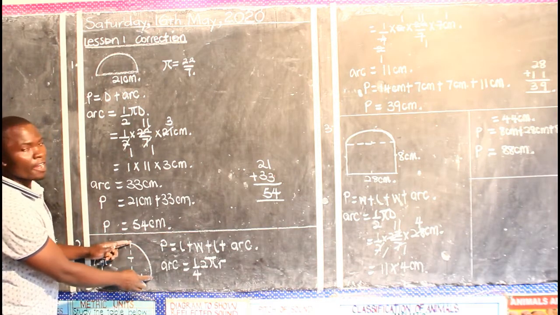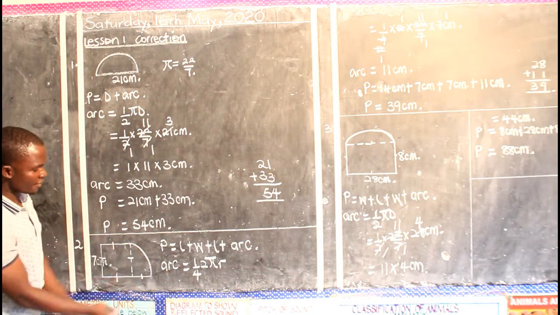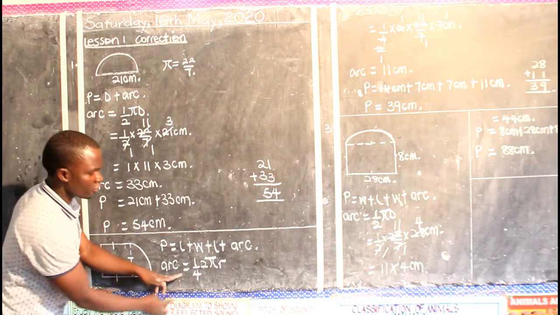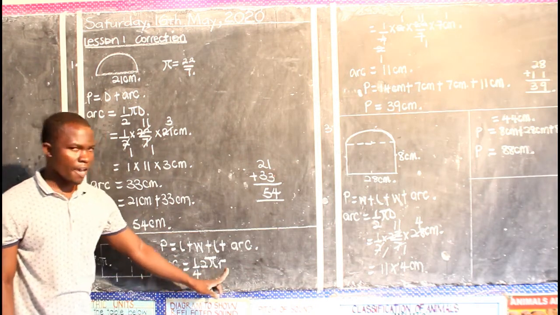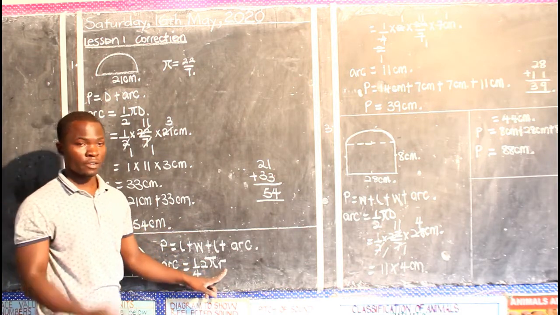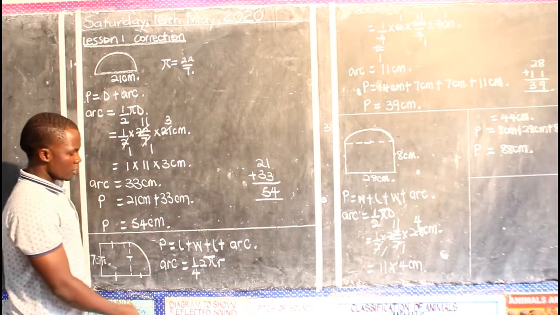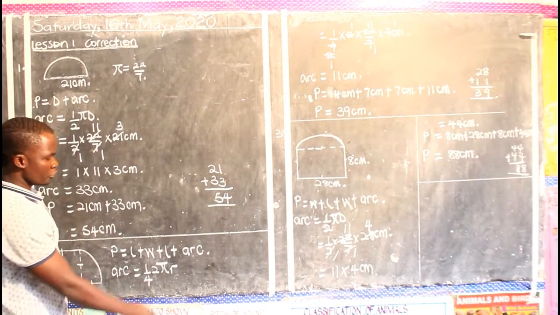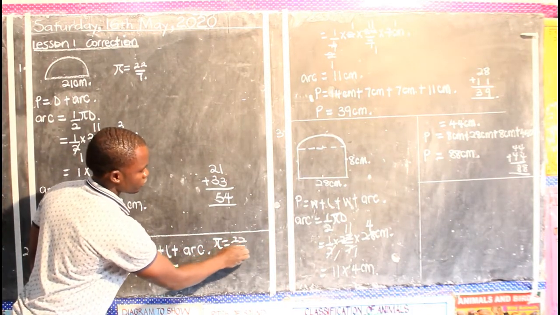We are lacking the arc. So we come down and find the arc first of all, and the arc is formed on a quadrant. So we say arc equals a quarter times 2 pi r. Now, which pi are we going to use? We are going to use our pi of 22 out of 7.